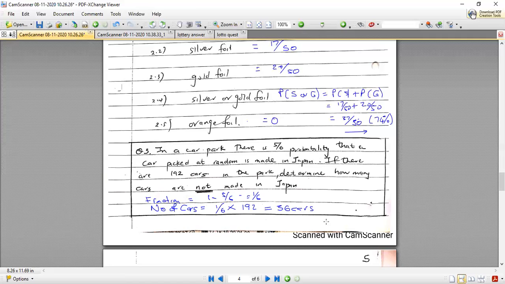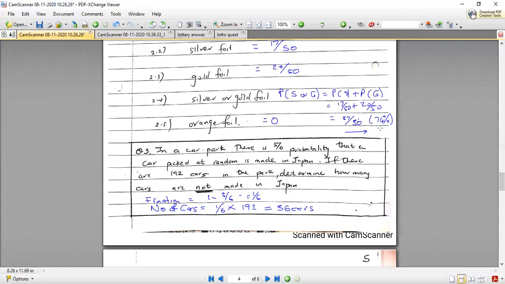So of the 192 cars, we see that 36 cars are not Japanese. So that is also a nice, good example, and it shows us a real life example where we could use our probability knowledge.